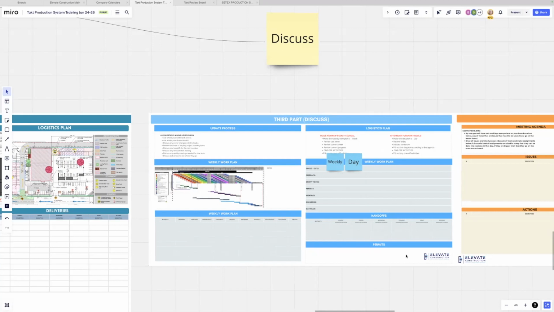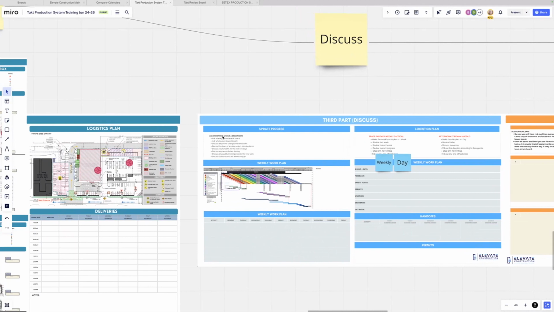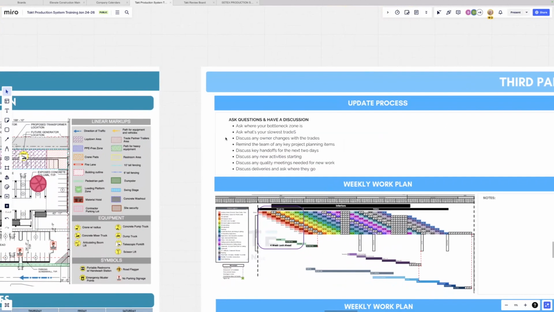So let me talk through this. If you are either in your trade partner weekly tactical or your afternoon foreman huddle, whichever one you want to visualize, this is how the meeting would go. You would come in and talk to your trade partners and you would say, hey team, I love you. Let's do some shout outs, right? Follow the normal agenda. But you would say, hey, where is our current bottleneck?